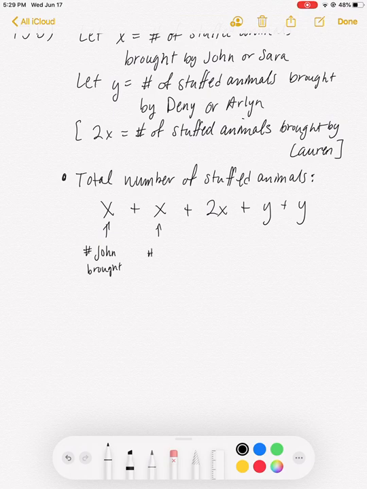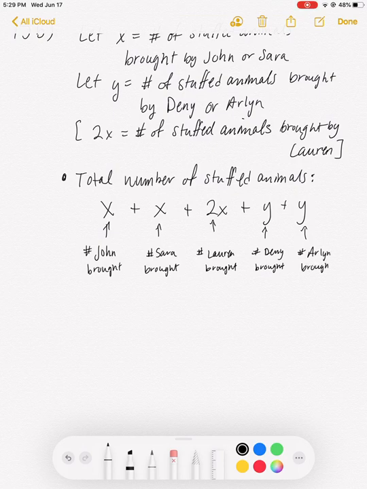This right here is the number that Sarah brought. This is the number that Lauren brought. This is the number that Denny brought. And this is the number that Arlen brought. Okay, so we've added them all up, so that's the total. We can put n equals here.